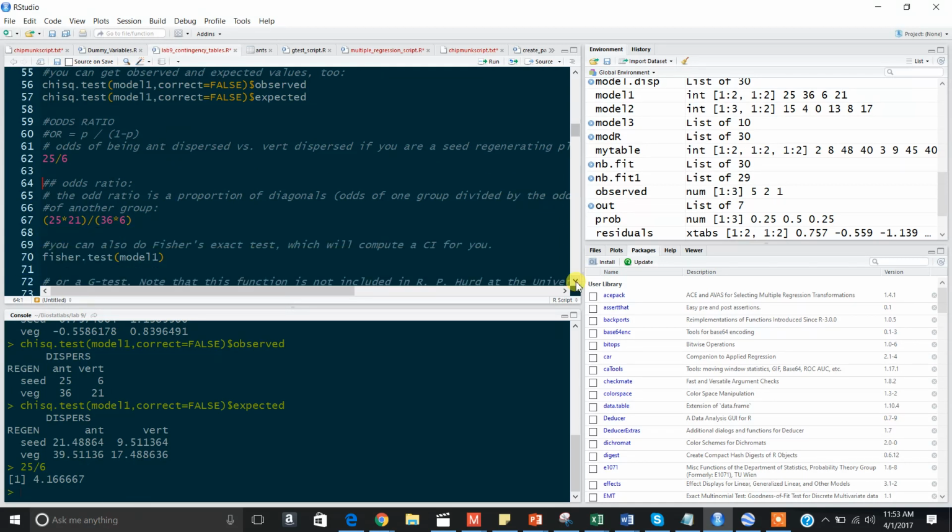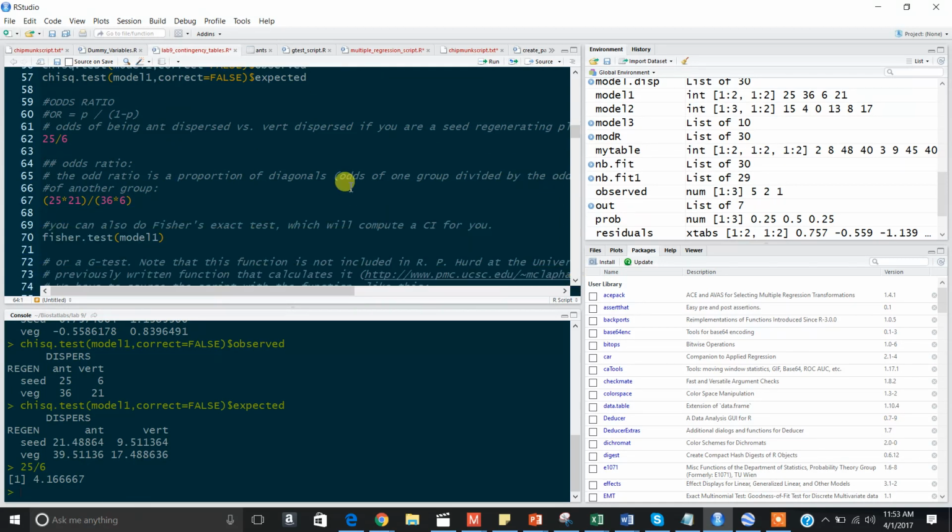So there's another way to calculate this. That was more of the odds, and then you have the odds ratio. And that's a proportion of the diagonal. So the odds of one group divided by the odds of another group.